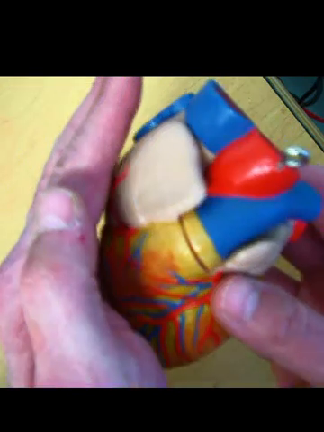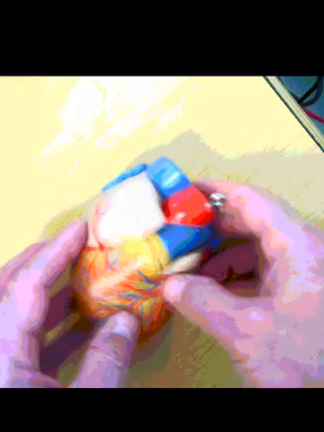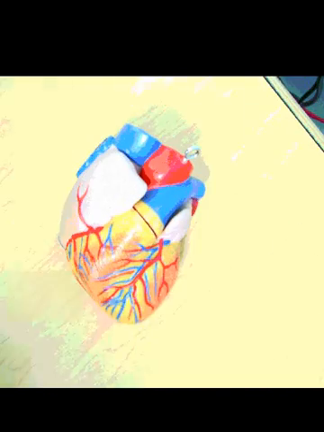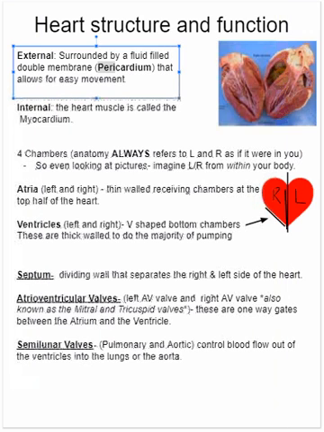And in between, in a very thin film, is a lubricating layer. It's a moist layer in between. So as the heart beats and moves, there's less friction. All right. And that is the purpose of the pericardium. It's to provide a little bit of protection from friction for the heart.